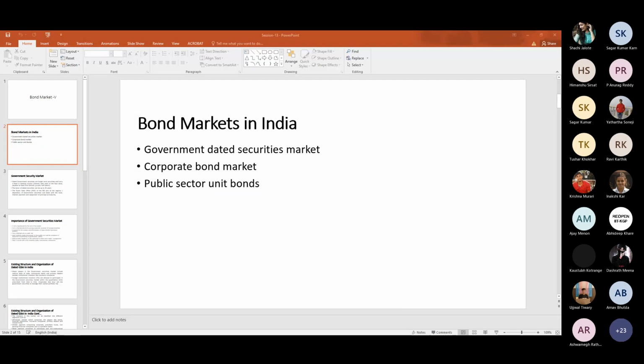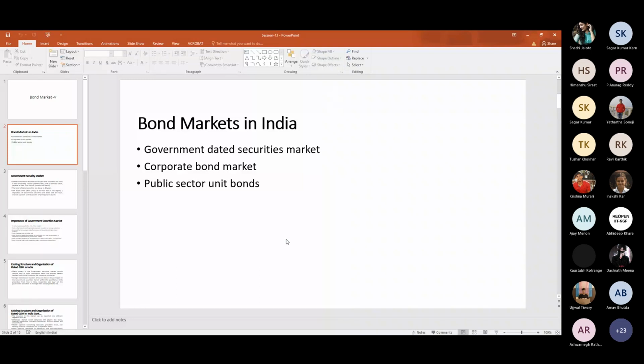So whenever you talk about the bond markets in India, particularly the long-term bond market, there are three types of bonds which are traded. One is government securities. Second is the corporate bond market, and third is public sector unit bonds. So there are broadly three types of bonds traded in this market.